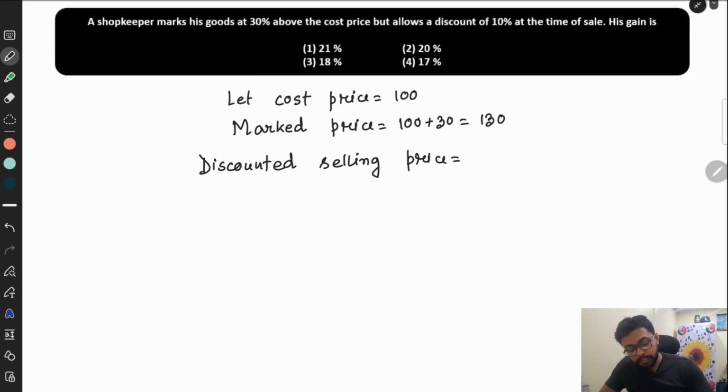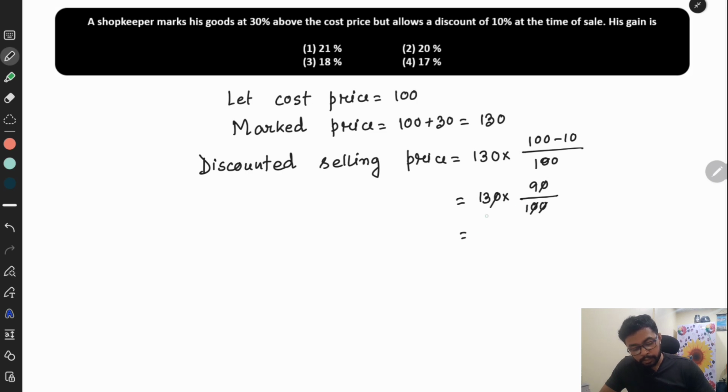So we can write 130 into 100 minus 10 by 100, which is 130 into 90 by 100. 0 gone, 0 gone. This is 117.